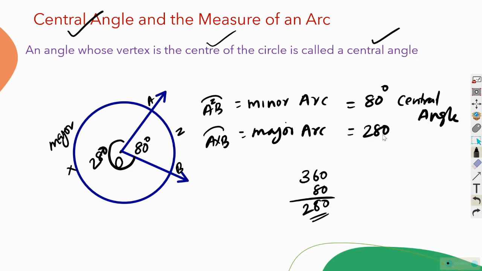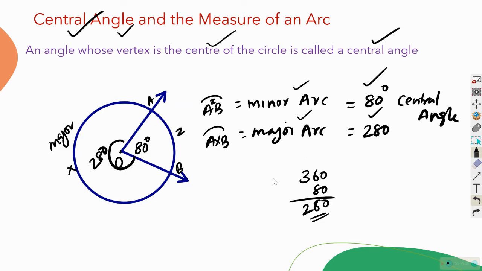That is the measure of the major arc here. So there is a major arc and a minor arc, and they both create a central angle, and that central angle is created because the vertex of the angle formed by the arc is at the center, and that is the measure of the arc. All these are connected with each other.